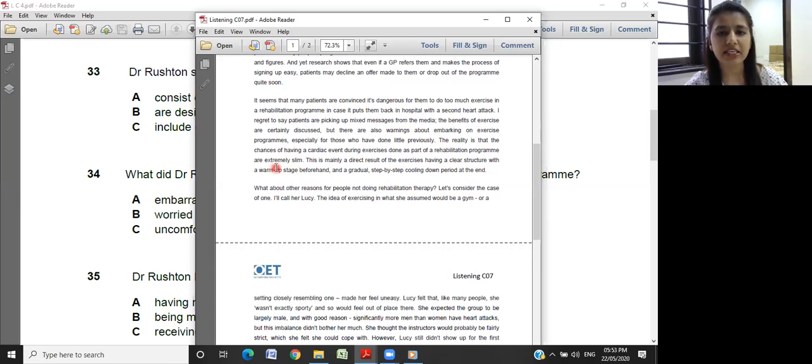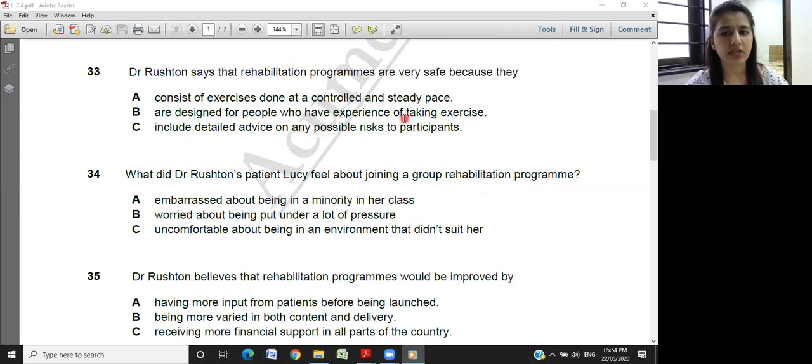See, this is again another way of giving negative. There are no chances, but they are extremely slim, meaning very rarely it could occur. This is mainly a direct result of exercising having a clear structure and step-by-step cooling down and warm-up part. So clear structure and therefore controlled and steady pace.